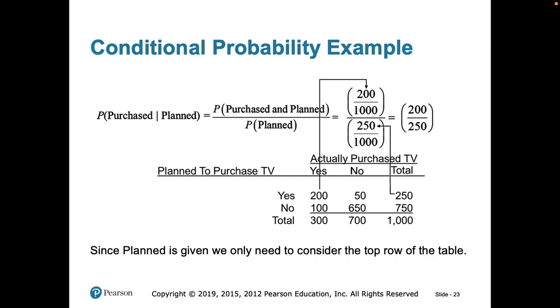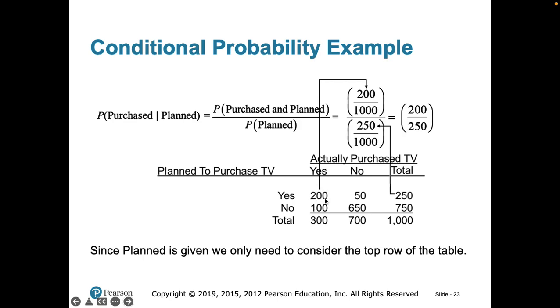Let's take a look at an example to put this a little bit into perspective. So what is the probability that somebody purchases a TV after they plan on purchasing a TV? So the probability is going to equal the probability of purchase and plan divided by the probability of plan. So the probability somebody is going to purchase and plan, remember? So yes and yes, right?